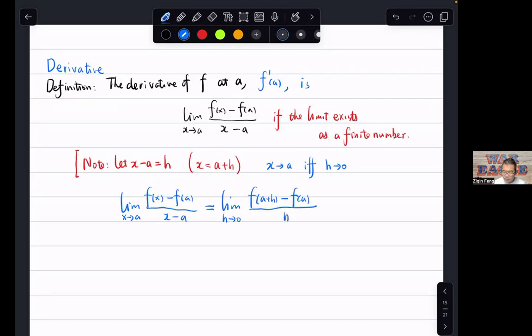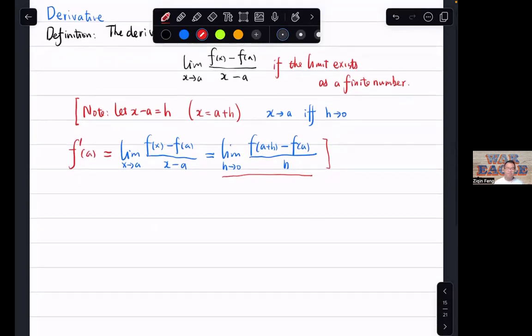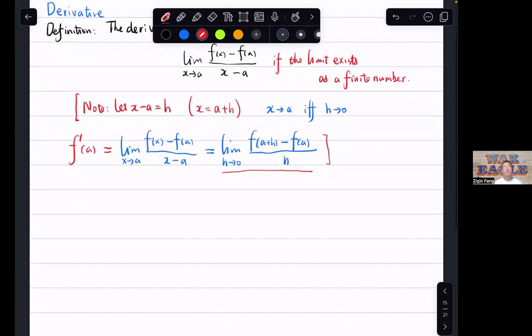Following from our substitution, we get this new form of the definition. This is also our f prime of a, also the derivative of this function at a. That's just a new way to write down the derivative.